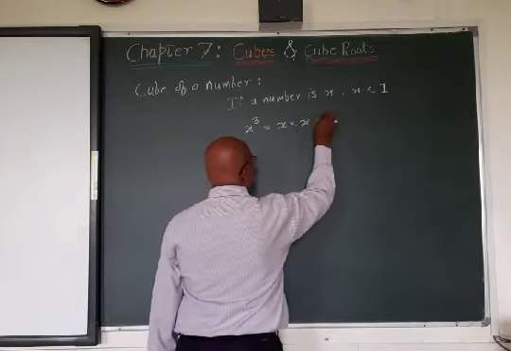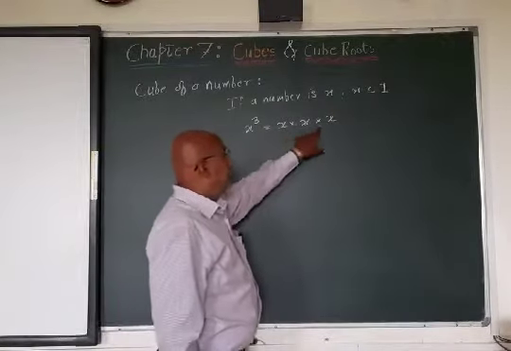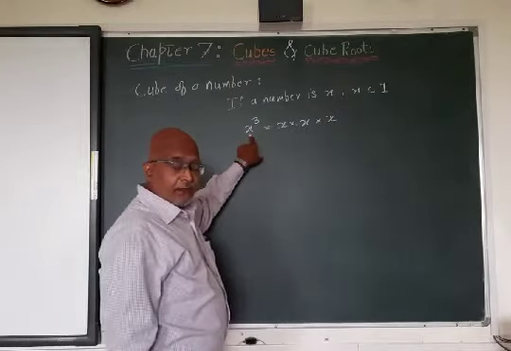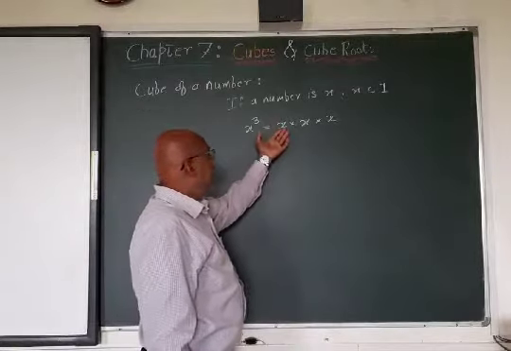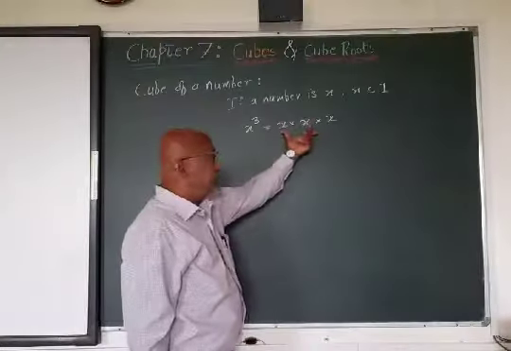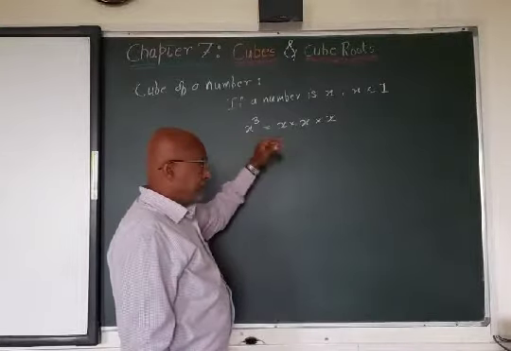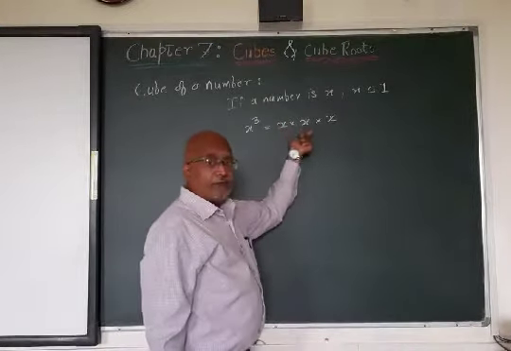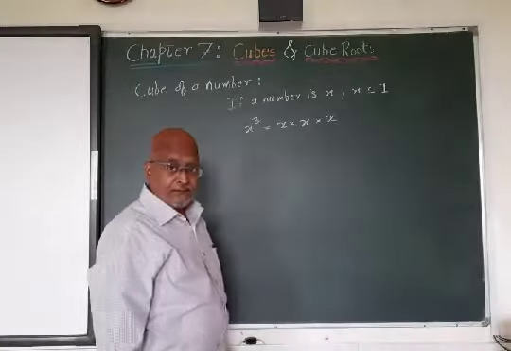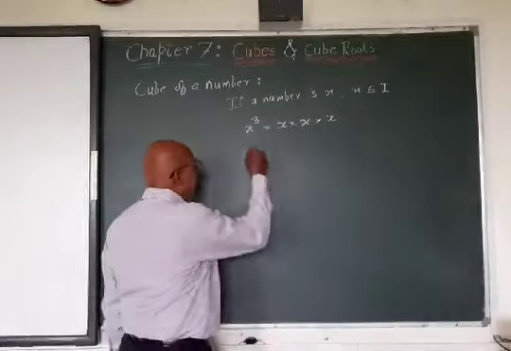So x multiplied by x multiplied by x is nothing but x cubed. Got it clear? If this number is a prime number, there will be only this much factors of that. And if x is a composite number like 6, then the cube of 6, we'll see the example.